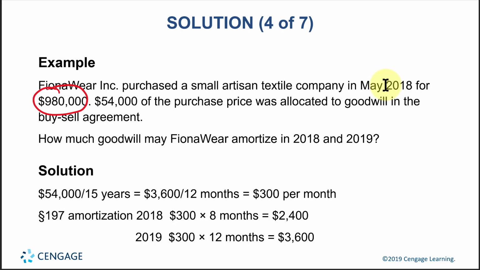So now we would allocate that $980,000 to the specific assets in this new business we bought, to land, to building, to equipment, maybe even some intangible assets like a customer list, maybe a patent, licenses, and then anything we cannot identify that we had paid for is assigned to that infamous goodwill asset here in the amount of $54,000.